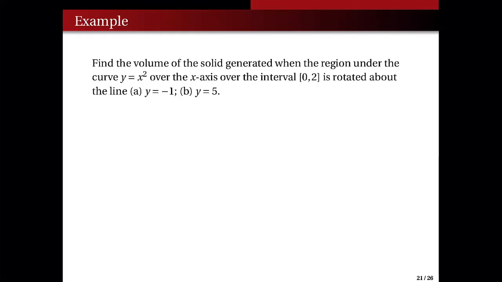Okay? So keep your attention on this solution. We have y equals x squared. Say it's something like this. The interval is from 0 to 2, so suppose this is your 2.